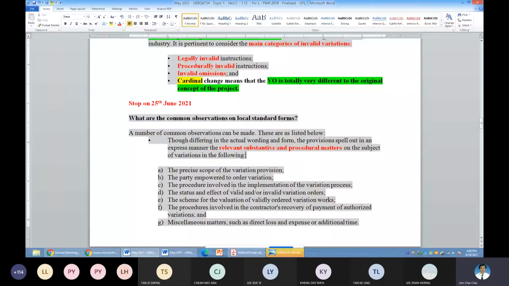The precise scope, that means the wording must be very clear. That means the valid VO, what amounts to a valid VO. And the second one is the party empowered to issue it. That is, who is authorized to issue a VO.